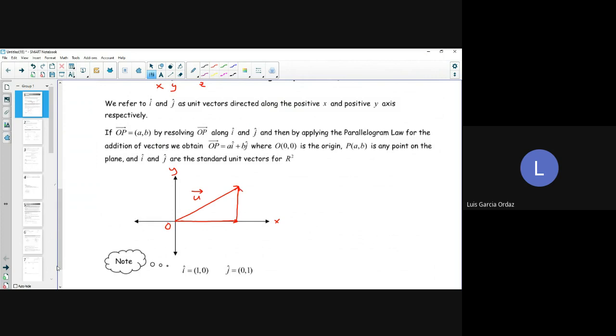So if our j was 3 units, then we'd write 3 vector j, and if our i was 2 units, it would be 2 vector i. And that's how you'd write it. For example, i is (1, 0) and j is (0, 1), because there's no x component in the j value.